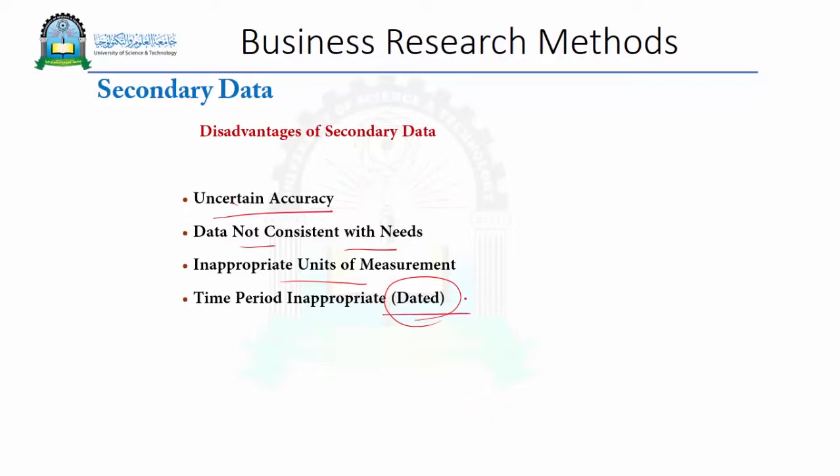Sometimes when we work on research about financial management, for example, or accounting, we might depend on financial statements and financial reports. These reports are sometimes delayed. They are not published at the end of the year.